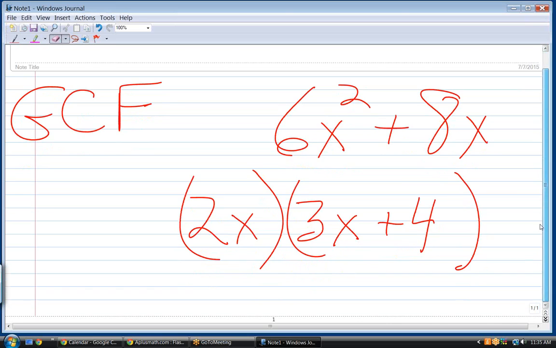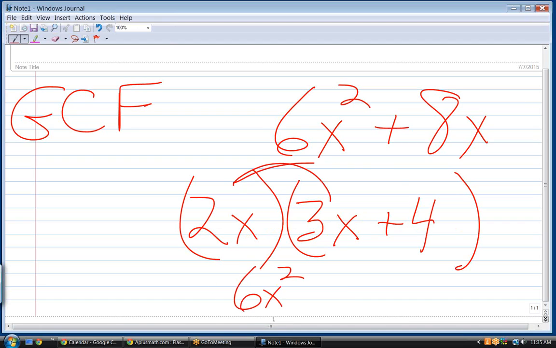And one good habit to get into when you're doing this: if I had to name the number one algebra skill that you're going to need over the next 4 years of school, it would be this one. Factoring expressions. So let's make sure we've done it correctly. If I multiply these two things back together again, I multiply that times that, which gives me 6x squared.